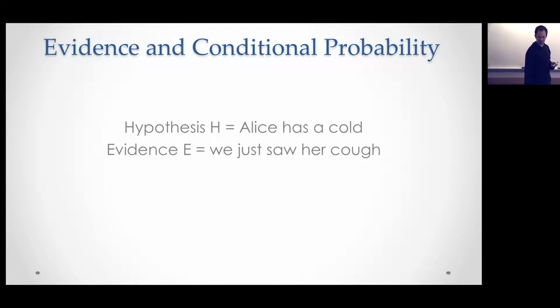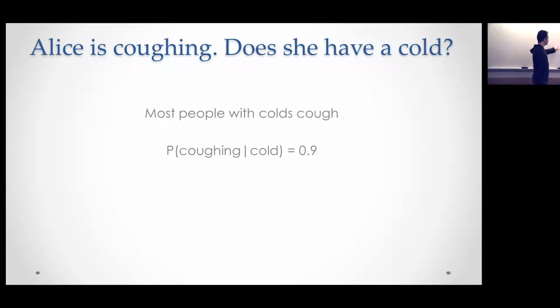Let's say we know that most people with colds are coughing, so we know that P coughing given cold is 0.9. What is the probability that she has a cold? We see her coughing. We know there's this link between having a cold and coughing. What is the probability she has a cold?